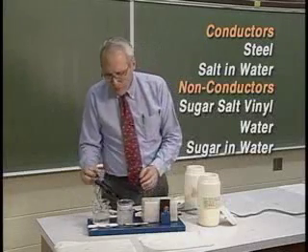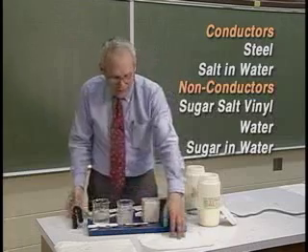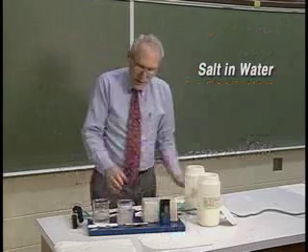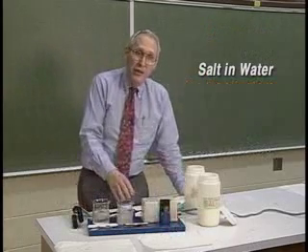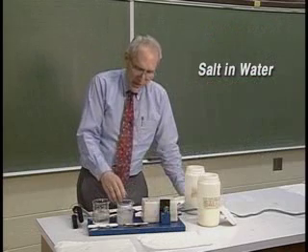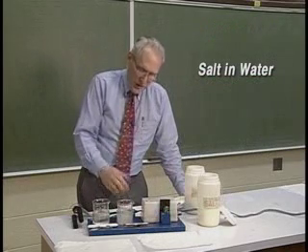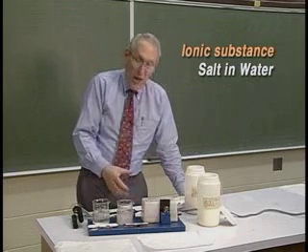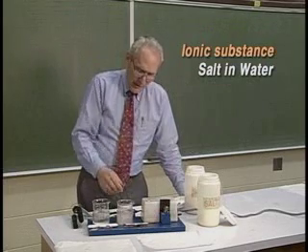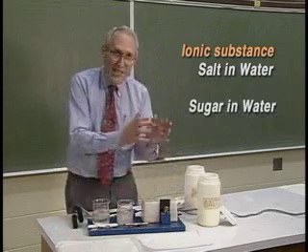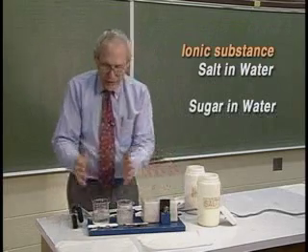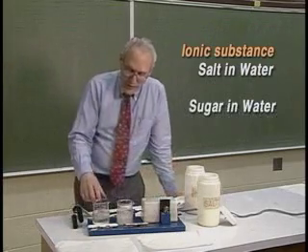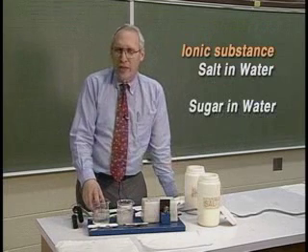So, we classify the salt, which, when dissolved in water or melted, begins to conduct electricity, as an ionic substance. Ionic conductor, if you will. But sugar, which looks exactly like it on the surface, when dissolved or melted, is a non-conductor of electricity.